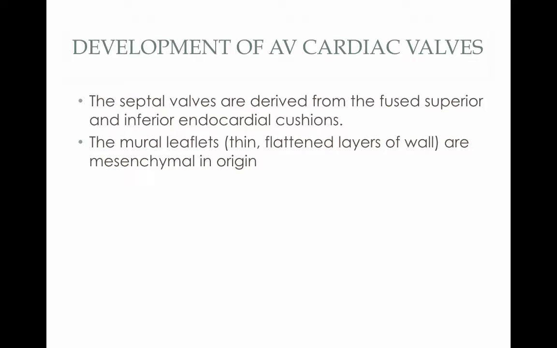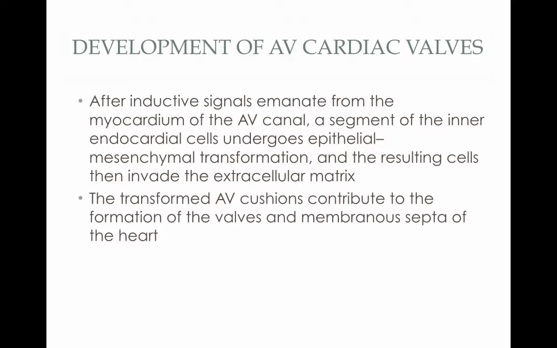After induction, signals emanate from the myocardium of that atrioventricular canal. A segment of the inner endocardial cells undergoes epithelial mesenchymal transformation, and the resulting cells then invade this extracellular matrix. In this transformation, those atrioventricular cushions contribute to the formation of the valves and the membranous septa of the heart.